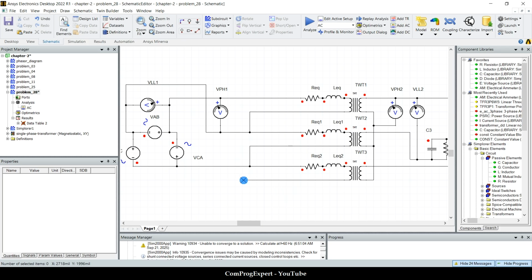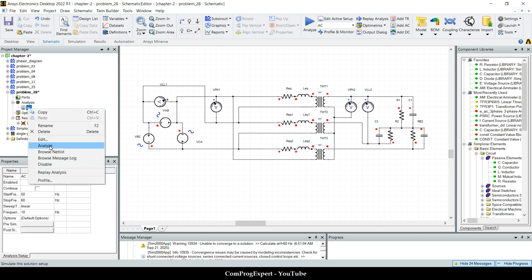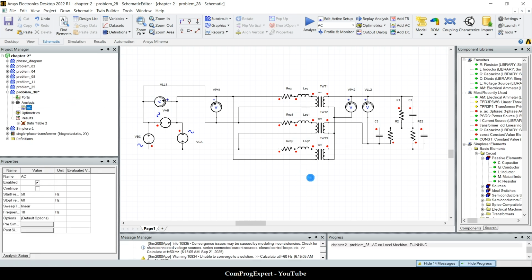They are added automatically. We should connect C to the A again. This one is correct. Okay. So in this case, we have added the internal impedance of single phase transformers. Let's run the simulation again to check the numbers.